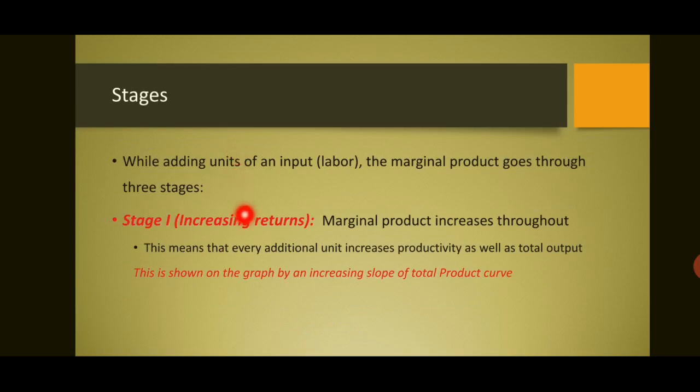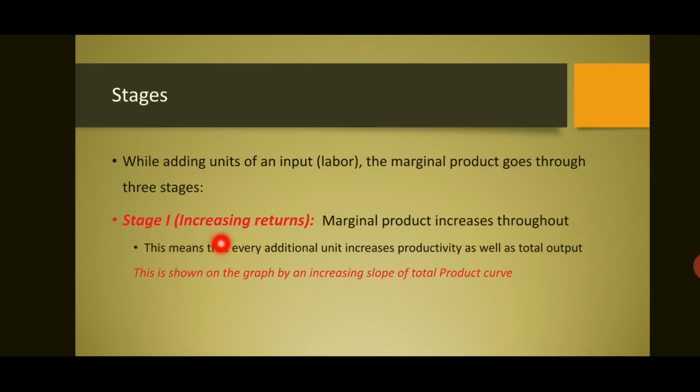So there are 3 stages here in this example. While adding units of labor, marginal product goes through 3 stages. First one is stage 1, that is increasing returns.